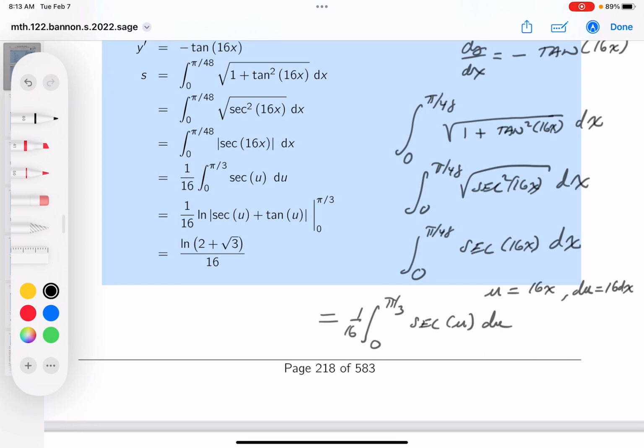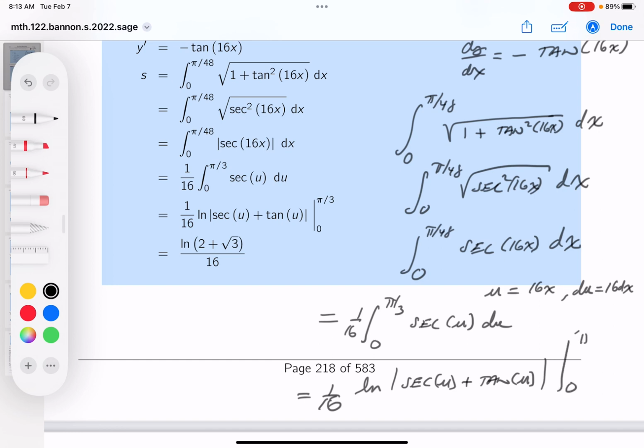And I think I'm ready to do it. Again, if you can't remember the antiderivative of secant u, I understand that. Just ask or look it up. It's going to be natural log, absolute value, secant of u plus the tangent of u, and that goes from 0 to pi over 3.